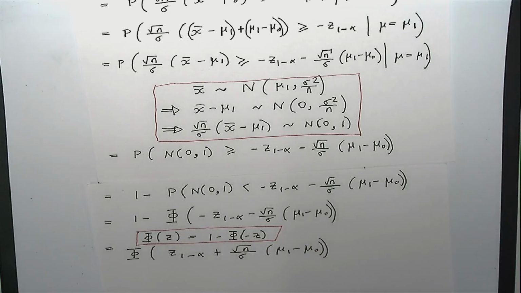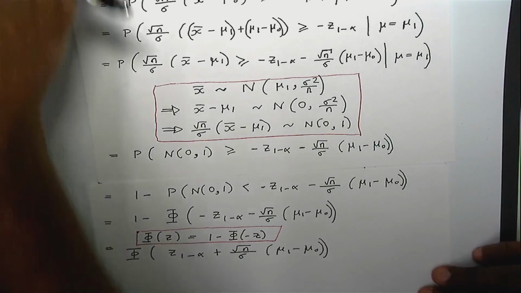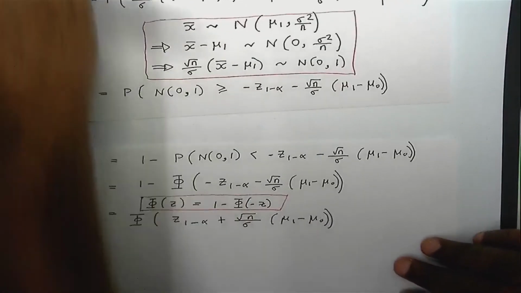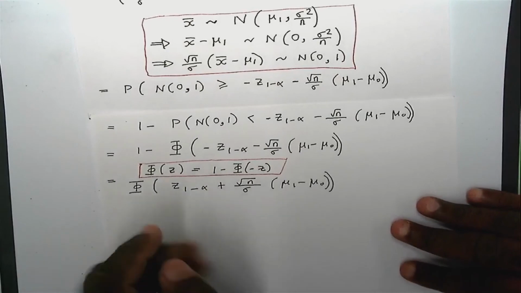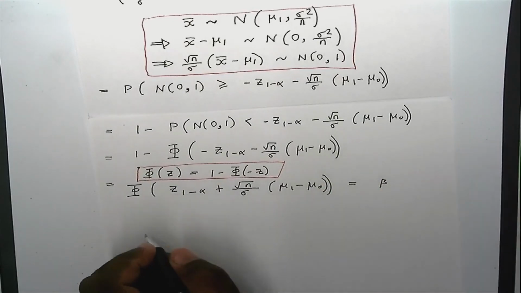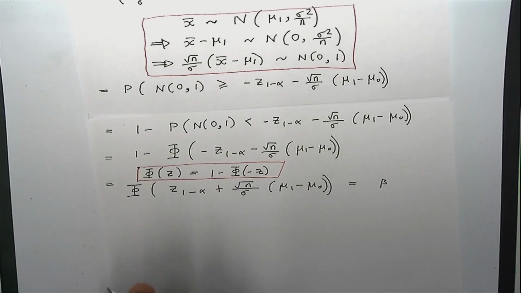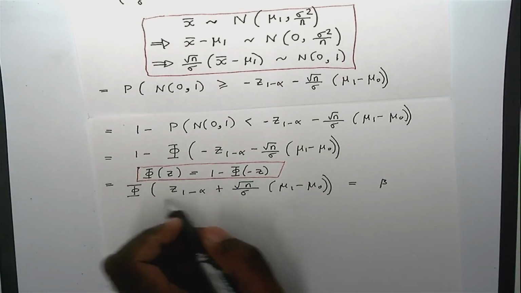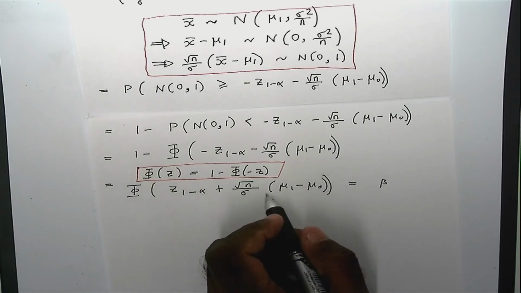Right, so we're not far from the end yet. And we know that this here is equal to beta. So now we will finish the proof if we can solve this equation for n.